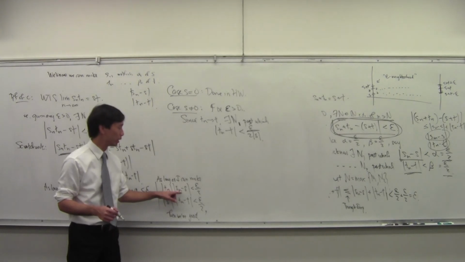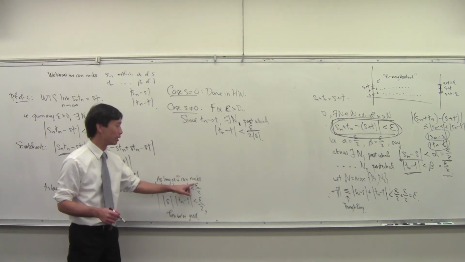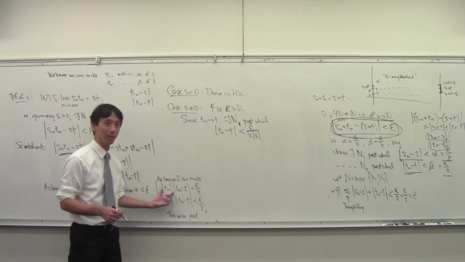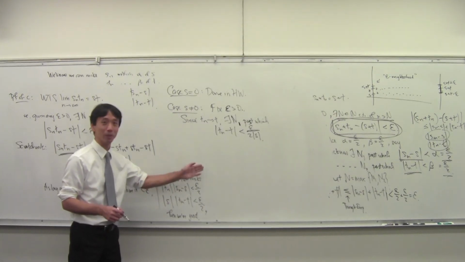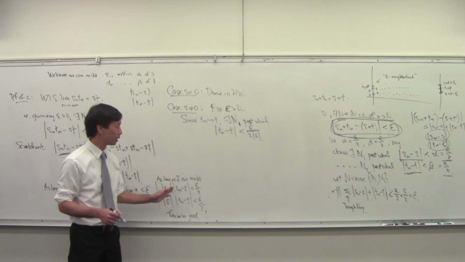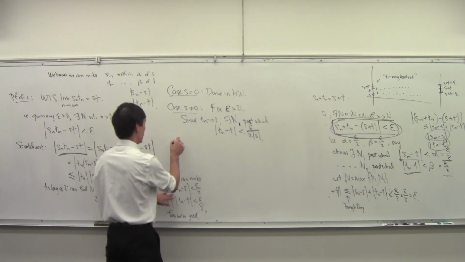What about the first part? How close do I have to make Sn to S to ensure that this thing is smaller than epsilon over 2? Well, this is a little bit funnier. Would you say I needed to make it smaller than epsilon over 2 times the absolute value of Tn? That's trouble because the Tn is changing. The Tn changes with time. Okay, so that's not going to work. However, Tn converges.